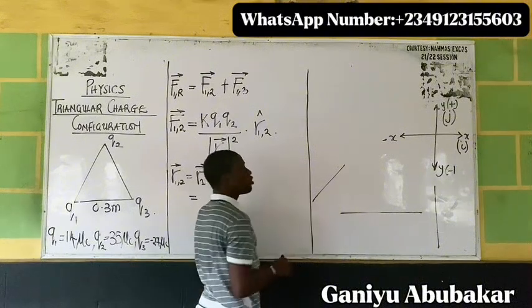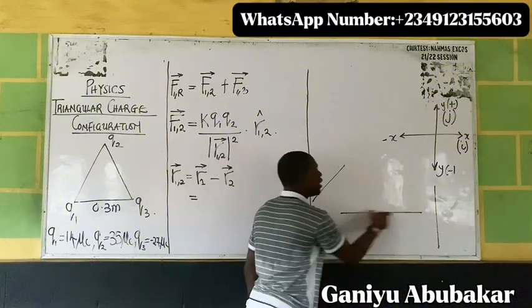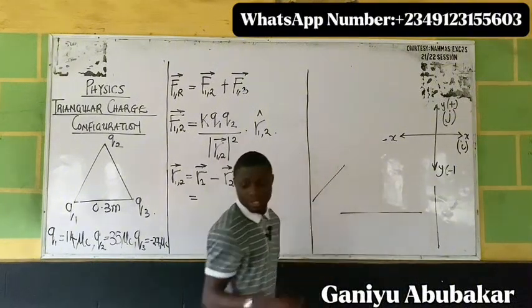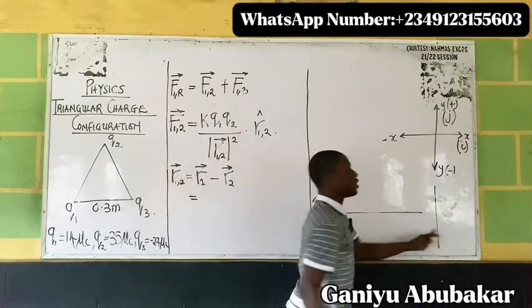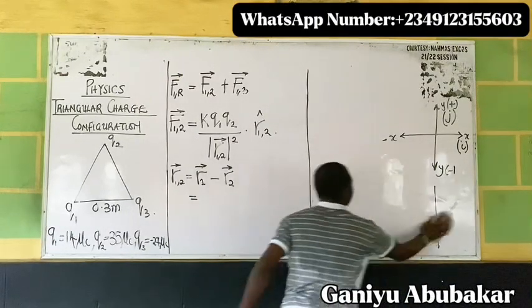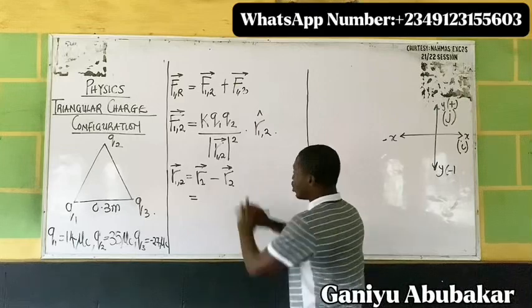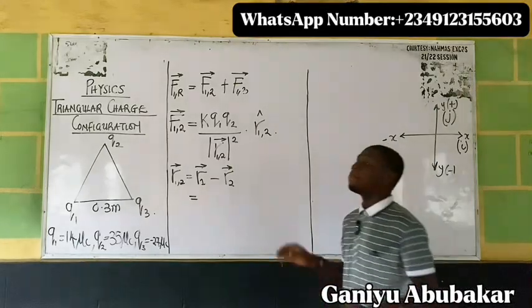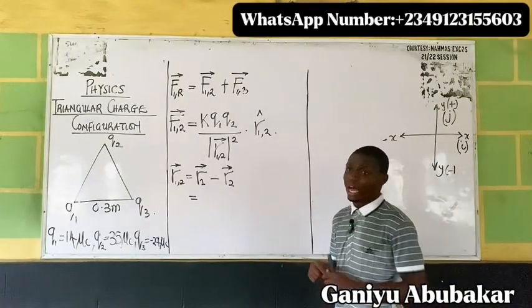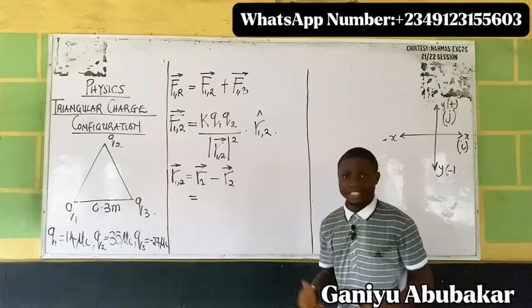I only move in these two directions. Bear these two concepts in mind. When it comes to solving this problem here, I'm moving perfectly horizontal and perfectly vertical. That's all.